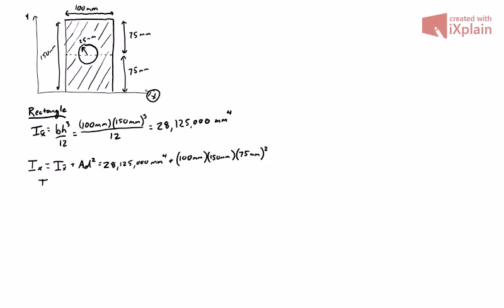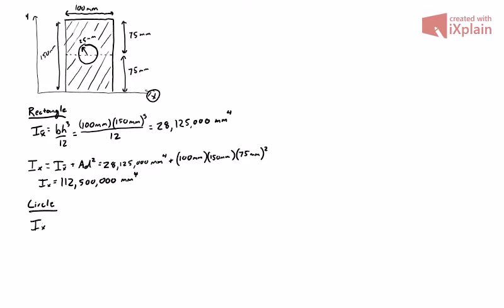We go through all that and we get the moment of inertia for the rectangle about the given x-axis is 112,500,000 millimeters to the fourth.